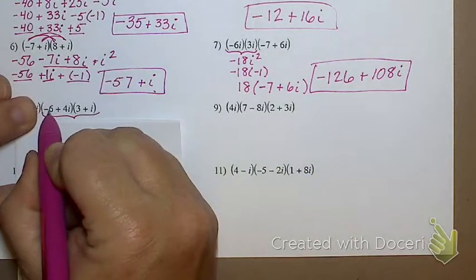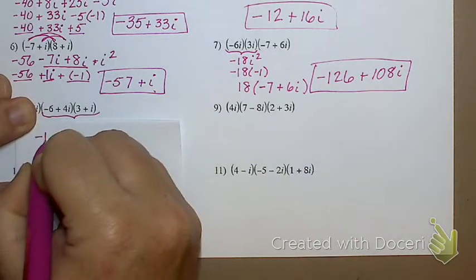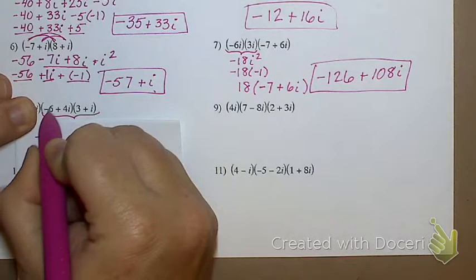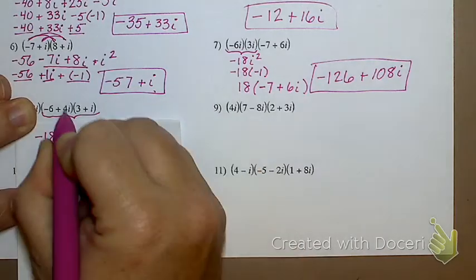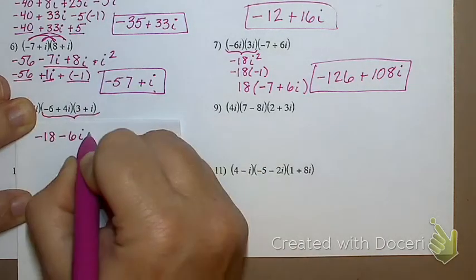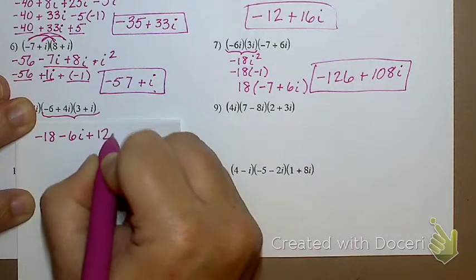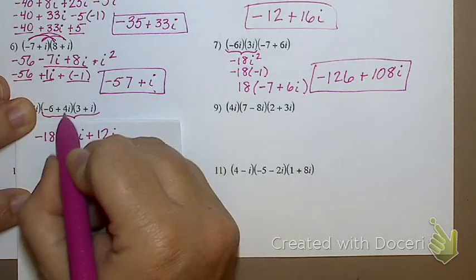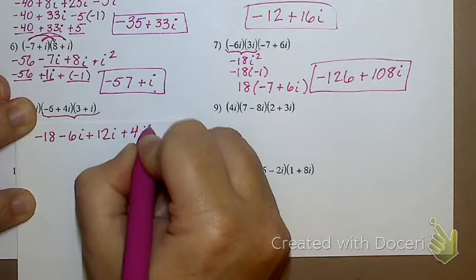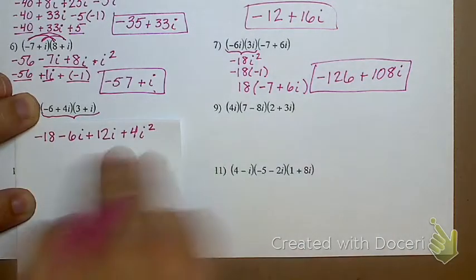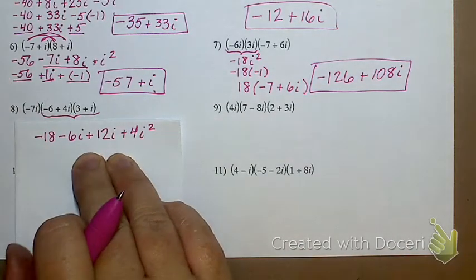So let's see. Negative 6 times 3 is negative 18. Negative 6 times i is negative 6i. Positive 4i times 3 is 12i. And positive 4i times i is positive 4i squared. I'm going to simplify this as far as it can go before I distribute.